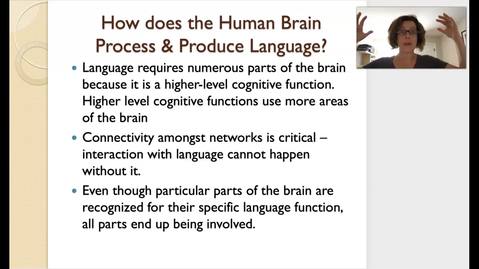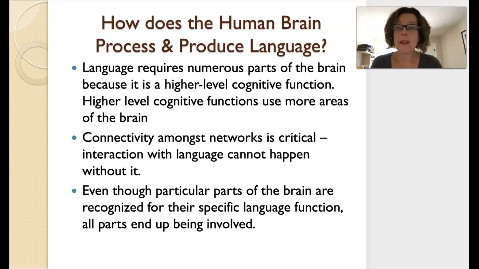When you are participating in language, the brain is firing all over the brain. Higher level cognitive functions use more areas of the brain. So connectivity amongst networks is critical. Interaction with language cannot happen without it. So you must be connecting all these different parts of the brain. Even though particular parts of the brain are recognized for their specific language function, all parts end up being involved.